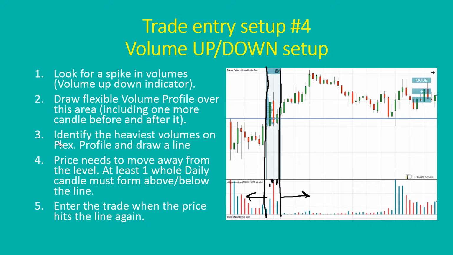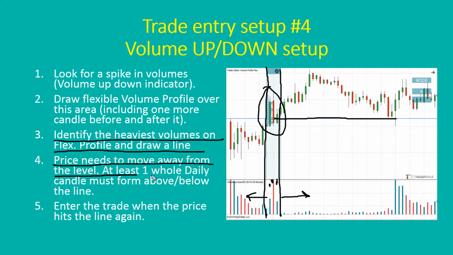Now, in this area, you identify the heaviest volumes on the flexible volume profile and you draw a line. As you can see in the profile, the heaviest volumes were right there at this price level. So you draw a line there. Then the price needs to move away from the level, at least one whole day, above or below the line.